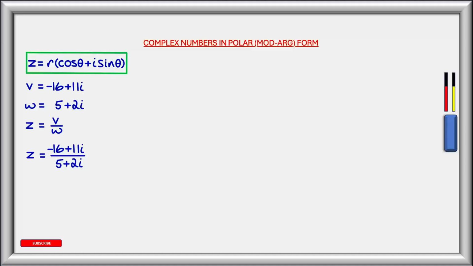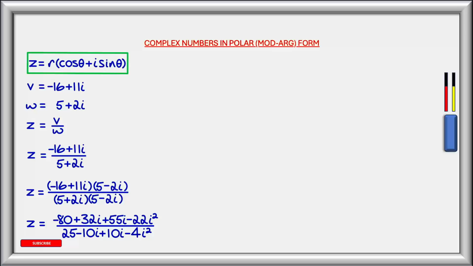So multiplying the numerator and denominator by the complex conjugate of the denominator gives z equals minus 16 plus 11i multiplied by 5 minus 2i divided by 5 plus 2i multiplied by 5 minus 2i.